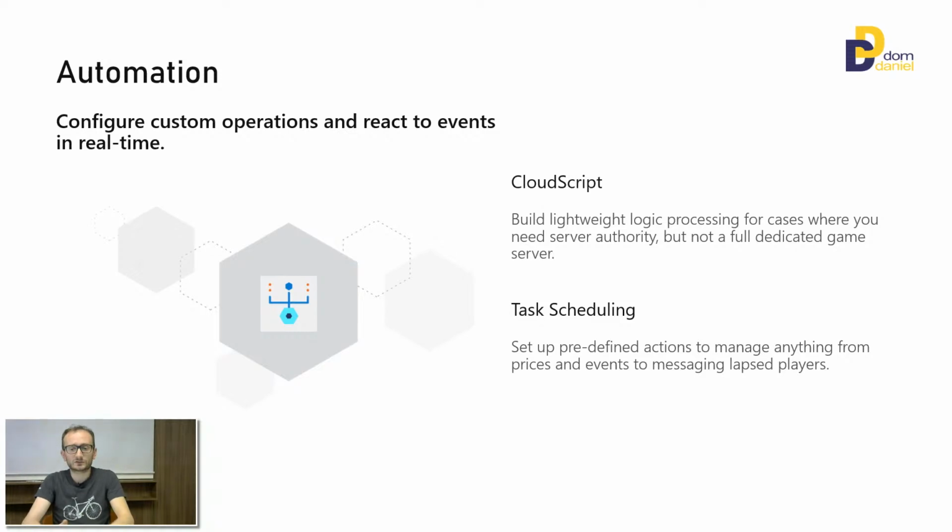A little addition to the PlayFab platform is PlayStream. It is every event for your game coming from a client, from a server, from a third-party integration, and flowing into the same stream of data.